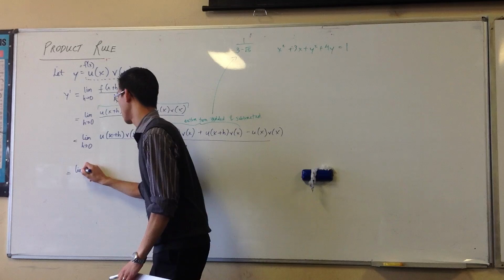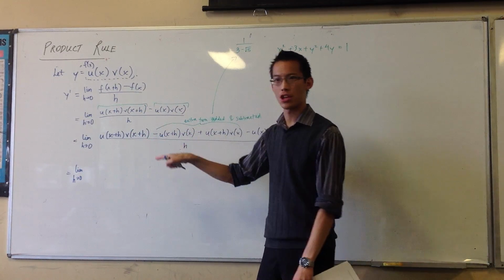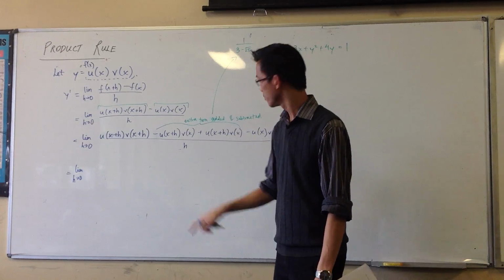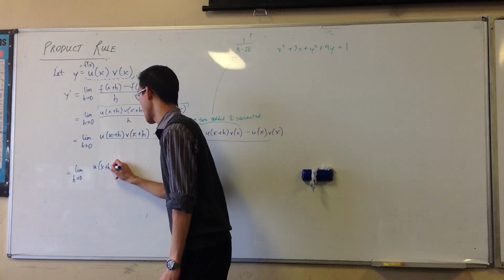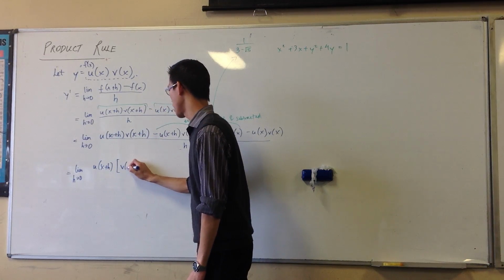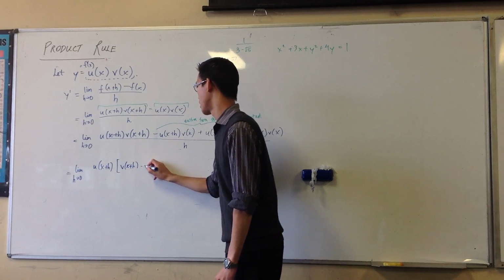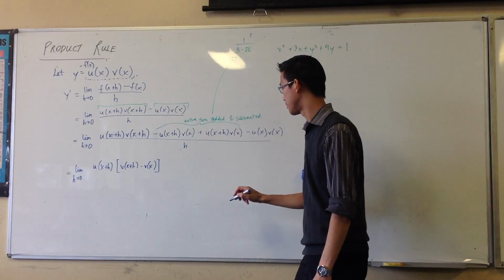My limit's at the front. And here, for the first 2, the common term is, what can I factorize out? Good. U of x plus h. And then what I'm left with is v of x plus h minus v of x. Okay, there's the first one.